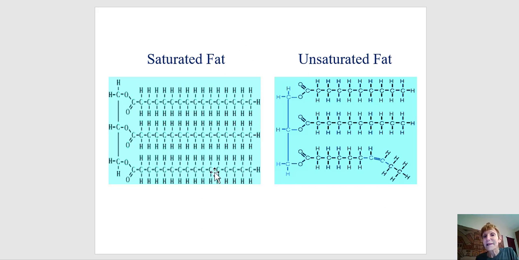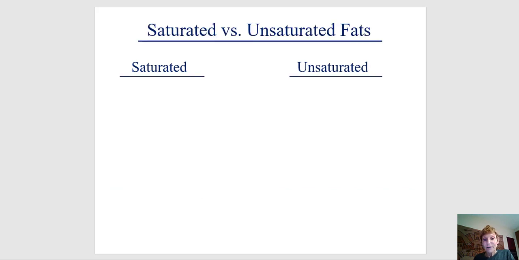And that makes a big difference in how they react at room temperature, and that is how their properties are, whether they are solid or liquid. So another difference between the saturated and unsaturated fats is their appearance at room temperature.